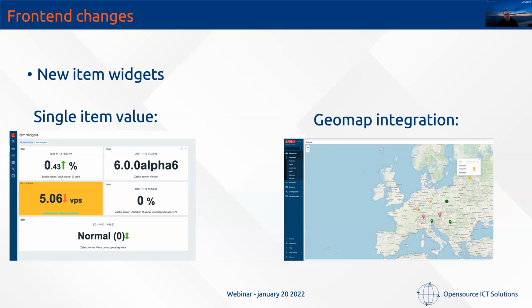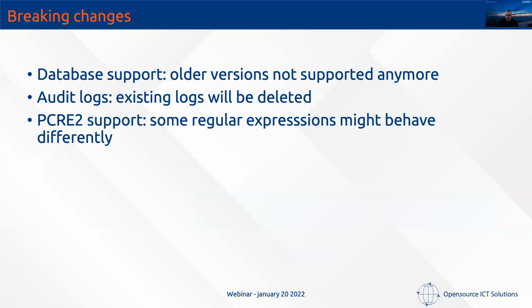Okay, are there breaking changes as well? Yes, unfortunately there are. Database support, older versions are not supported anymore. I already explained only the newer versions are supported. But if you do an upgrade right now and you try to start the Zabbix server whilst you did not upgrade your database engine, that Zabbix server will stop working and it will complain about an unsupported version.